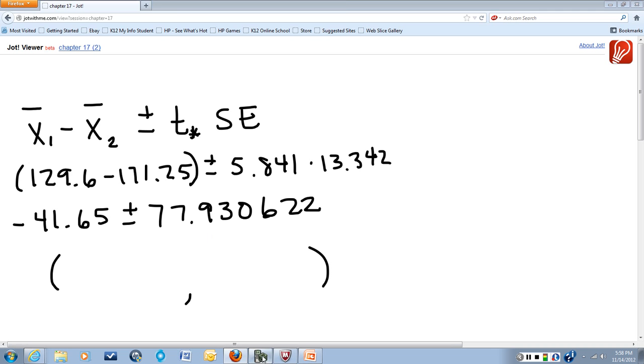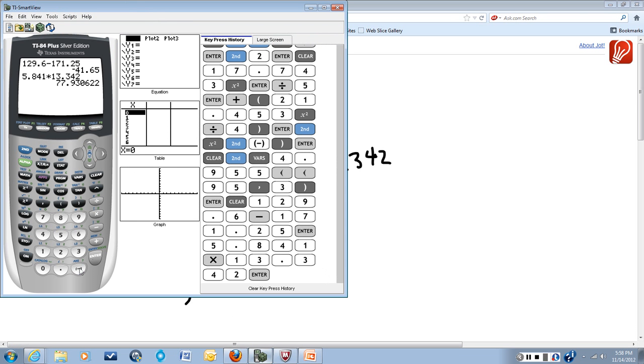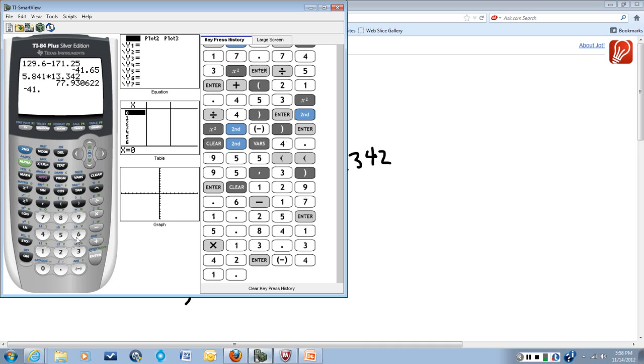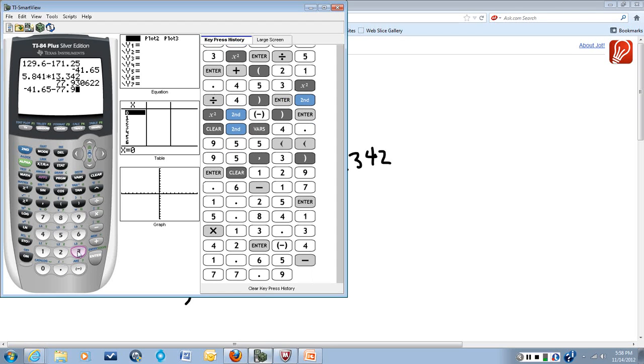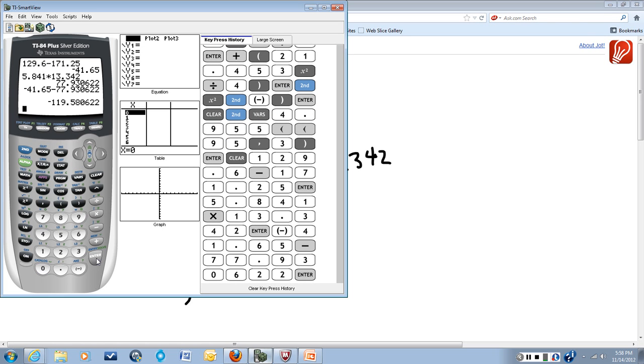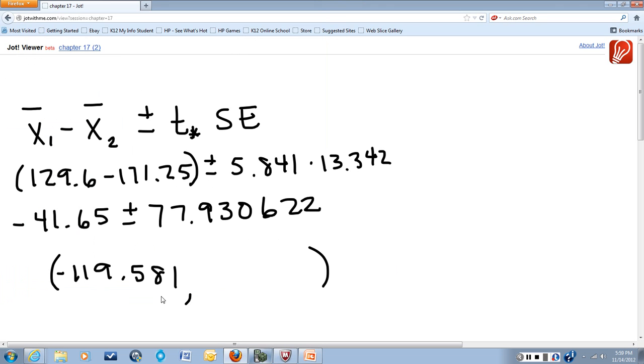So we will take negative 41.65, and we will subtract 77.930622, and we will get negative 119.581. That's one end of our confidence interval.